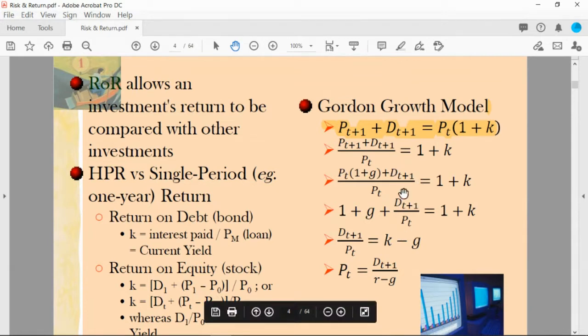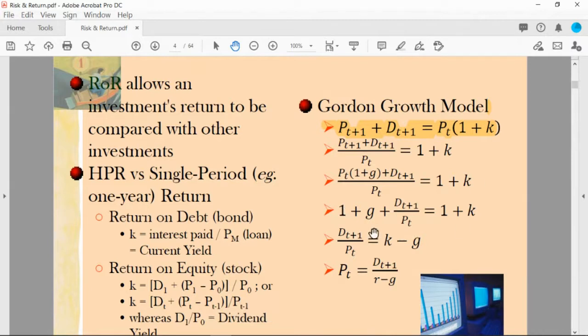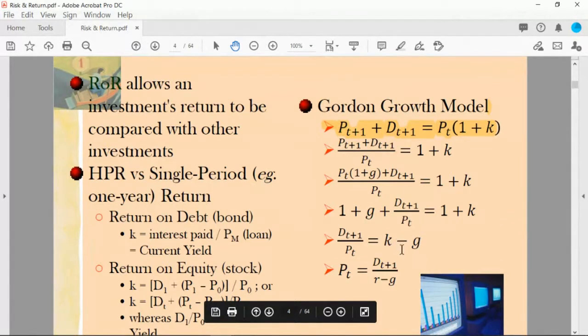And dt plus 1 over PT will remain as dt plus 1 over PT, because this is an additive term, you can just break up that fraction. And then we rearrange these terms, move 1 plus G to the other side, and then 1 and 1 will cancel out. G will change sign, will become negative. So on the right-hand side, it's going to be K minus G. And on the left-hand side, it's just dt plus 1 over PT. If you solve it for PT, then what does it become? It's going to become dt plus 1 over K minus G.